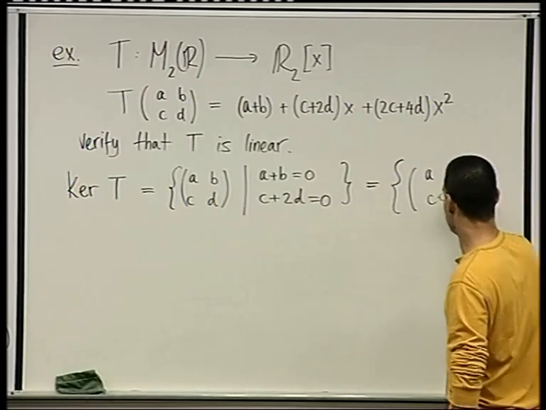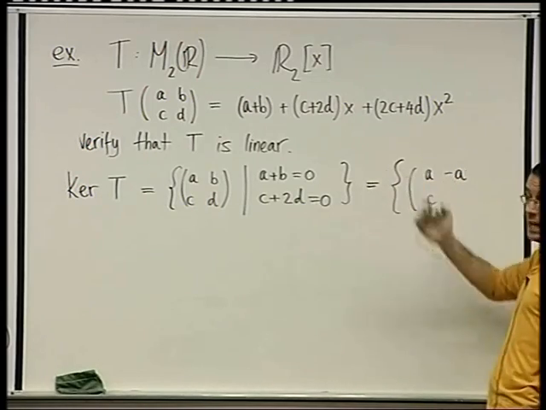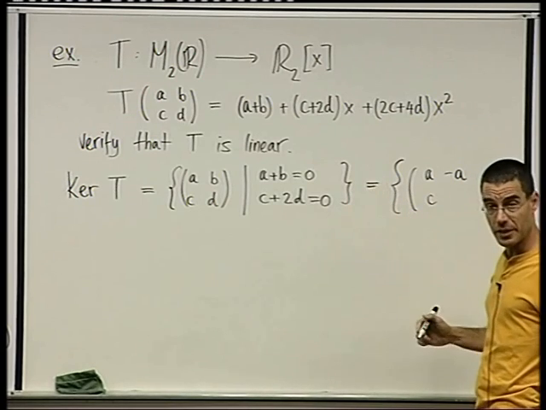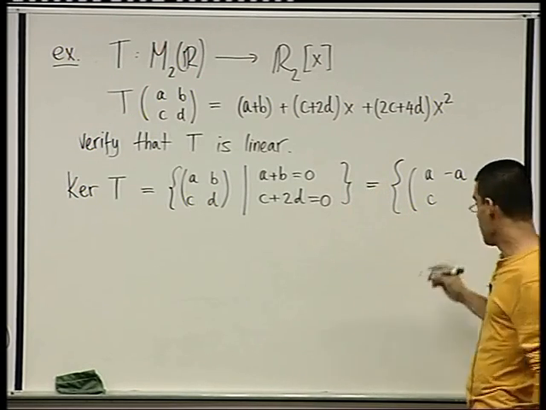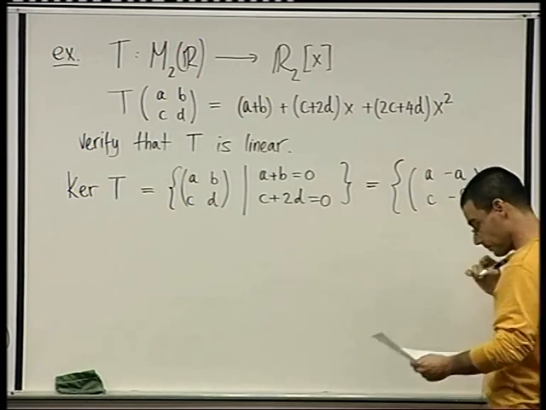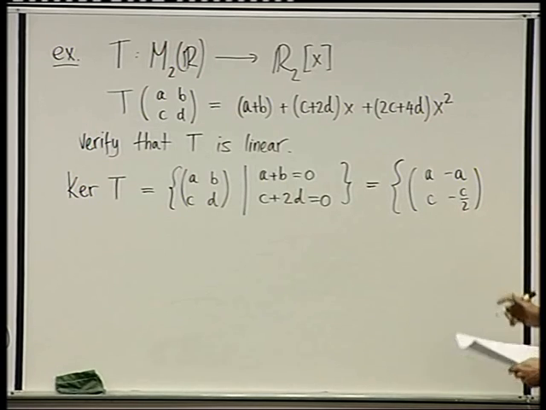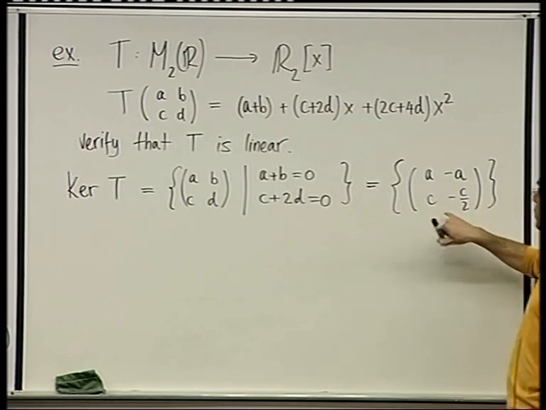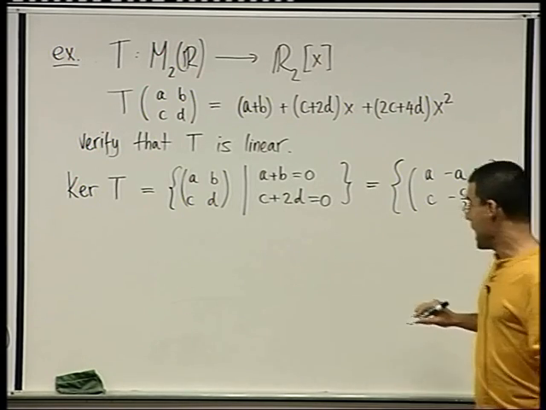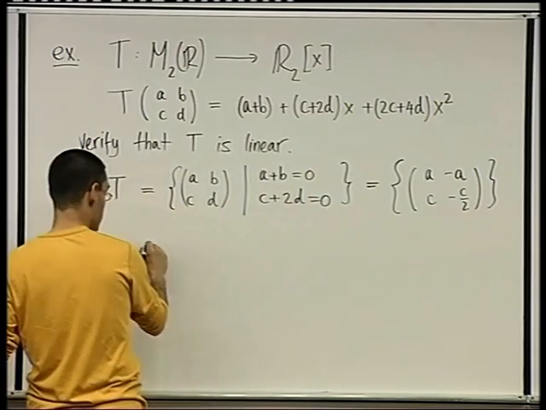So here we have C, and there's no relation between A and C, there's no requirement of that sort, right? But D has to be minus C over 2. Do you agree? So this is the kernel. All the matrices of this specific form are precisely the ones in the kernel. Okay?